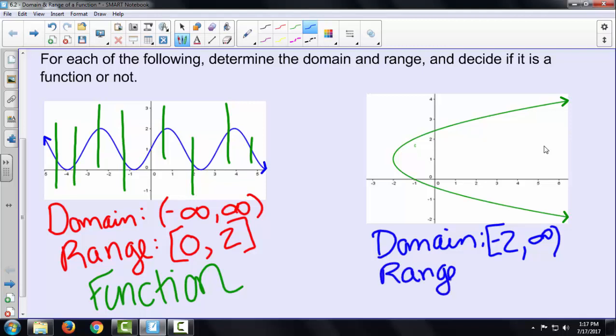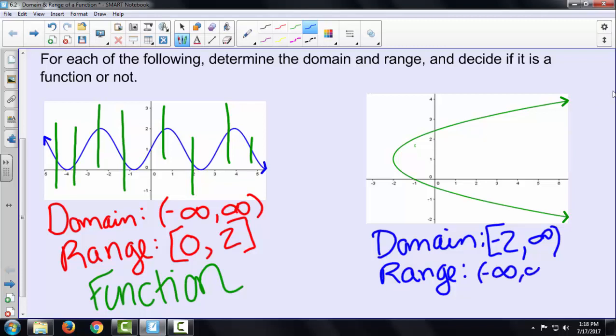Now our range. How far down does the graph go? Notice this just keeps going farther and farther down. It's going slowly, but eventually it's going to hit all our negative y values, just like this one is rising slowly, and eventually it'll hit all of our positive y values.